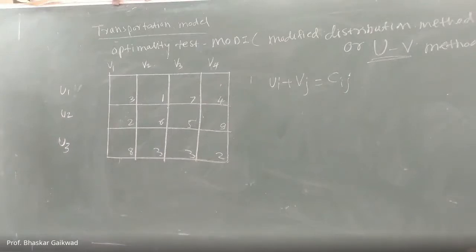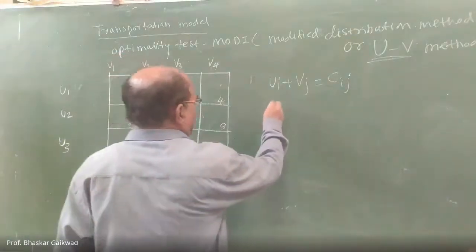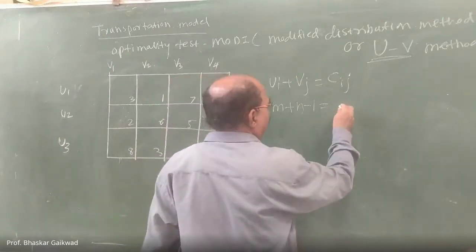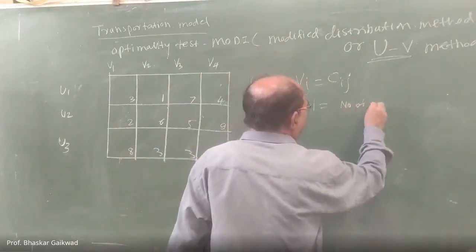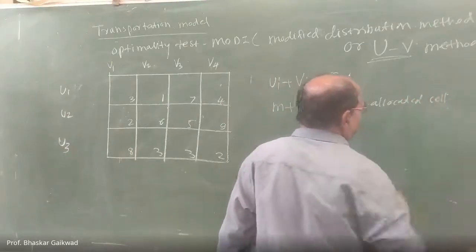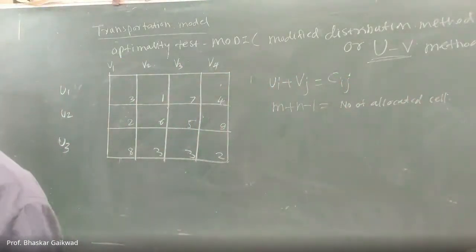Now the next test: m plus n minus 1 is equal to the number of allocated cells.